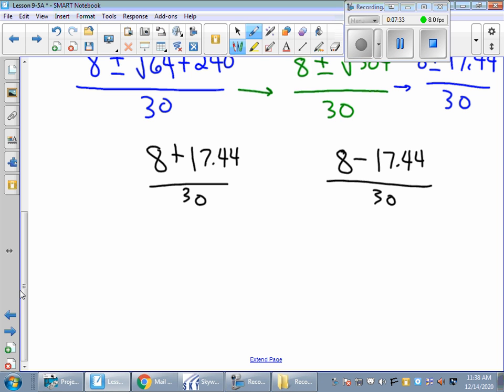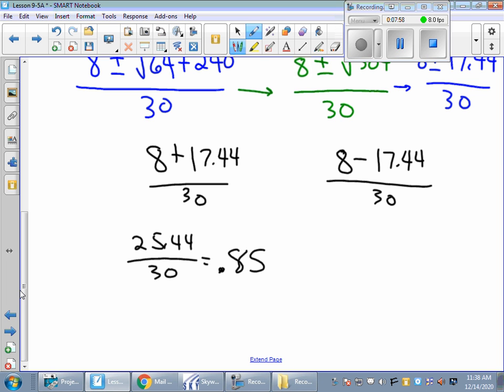17.44 plus the 8 gives us 25.44 divided by 30, which gives us about 0.85.